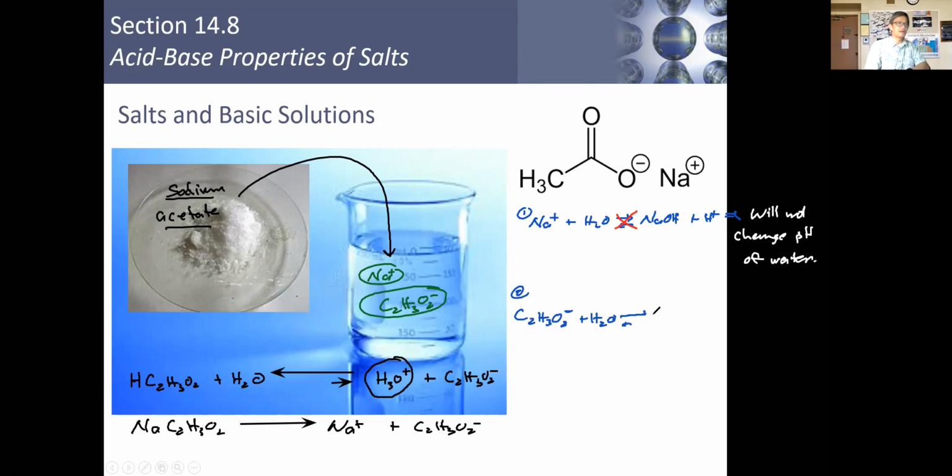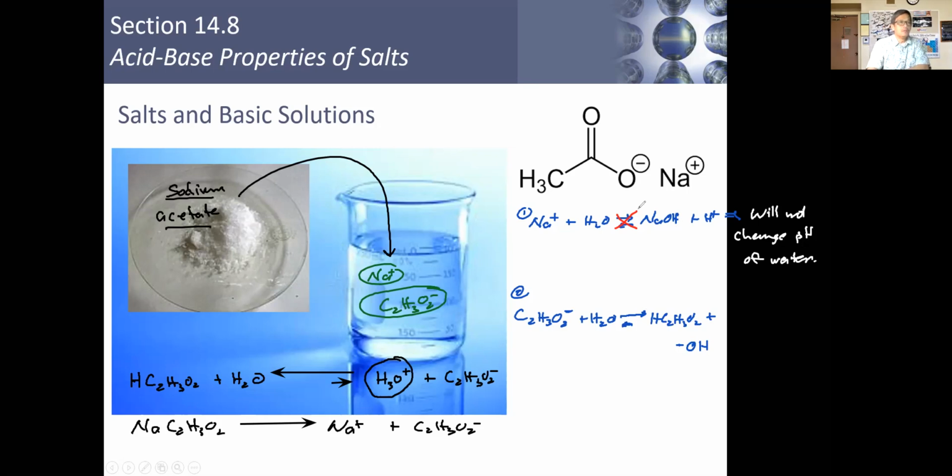We're going to form acetic acid. Remember, water here behaves as an acid, so it donates a hydrogen ion to the acetate ion. We form C2H3O2H and hydroxide. That's what we form when acetate is floating around in water.